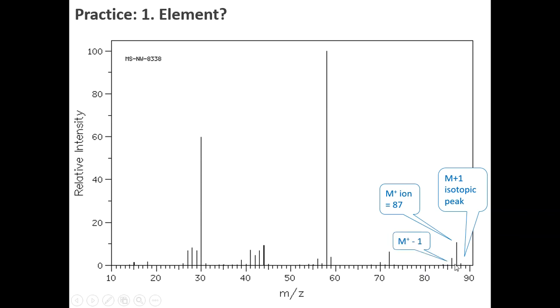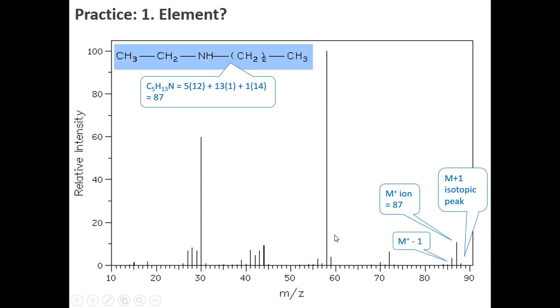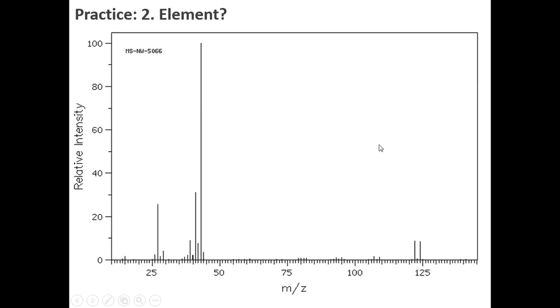So we know nitrogen's present, no chlorine, no bromine, and you must say why: it's because we don't have 2 peaks, 2 units apart, in either a 3:1 ratio for chlorine or a 1:1 ratio for bromine.